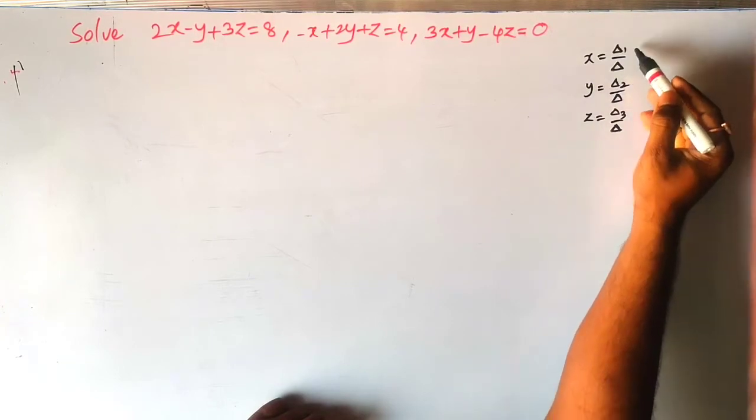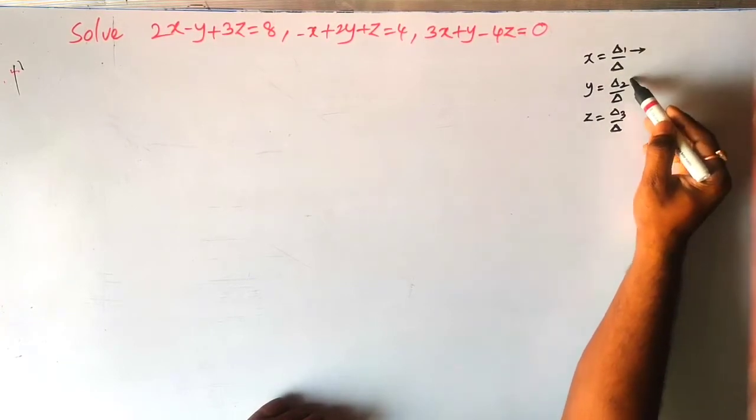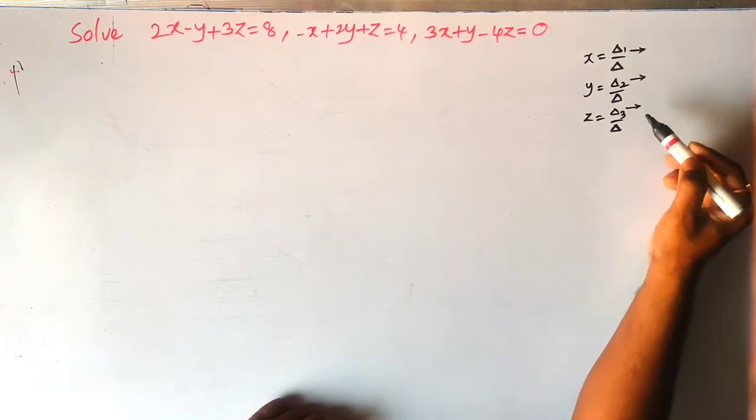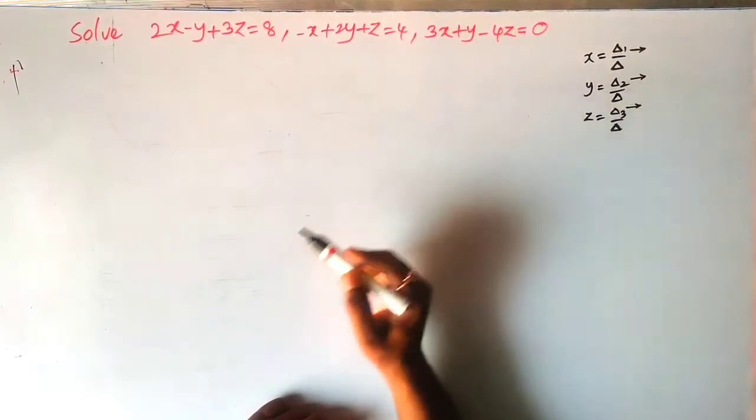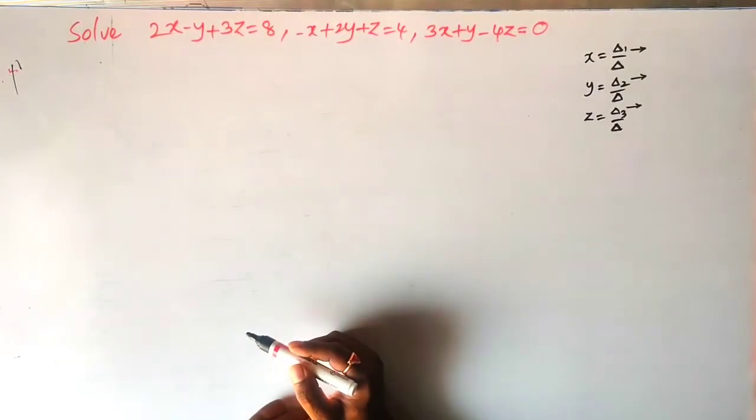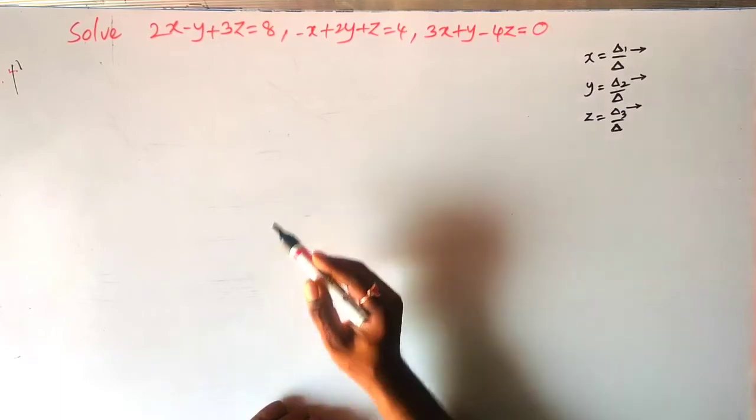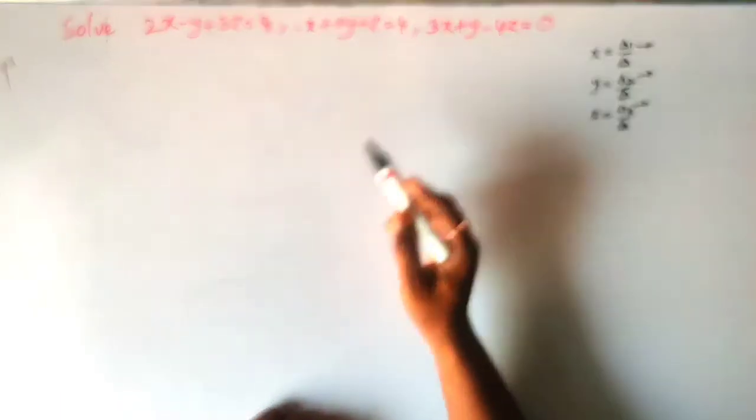So what is delta 1? What is delta 2? What is delta 3? Delta 1 is the coefficient matrix in which the first column is replaced by the constant matrix.